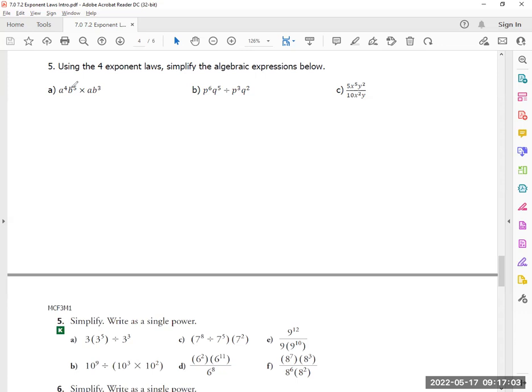Part A. If I were to write this out, at first, let's use the exponent laws. Assuming that you're super comfortable, you would see that I have a to the power of 4 multiplying with a to the power of 1. I also have b to the power of 5 and b to the power of 3. I have color-coded these because they have the same base. When you have the same base, you can use exponent laws.